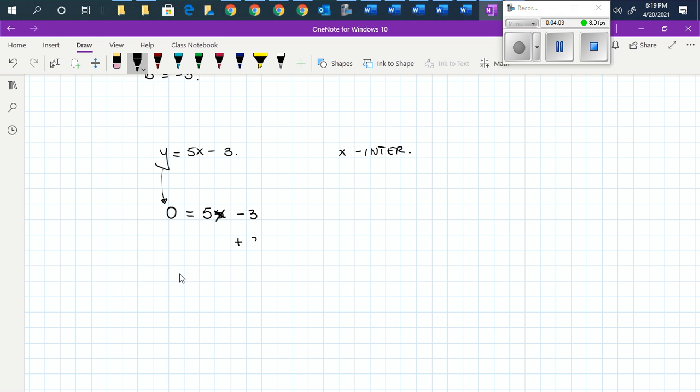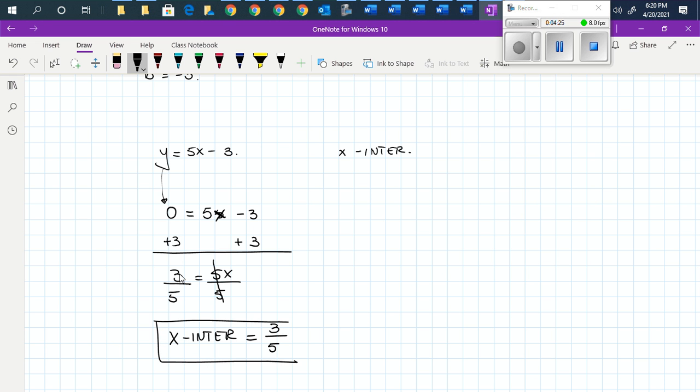We add 3 to both sides, then 3 is equal to 5x. Divide by 5 both sides, then the x-intercept, which is the value at which y is equal to 0, is equal to 3 over 5.